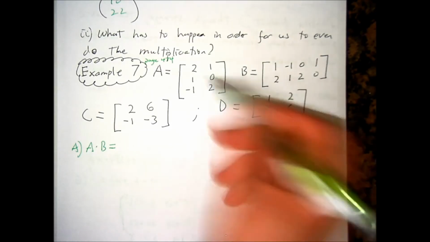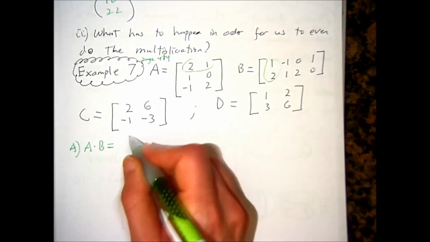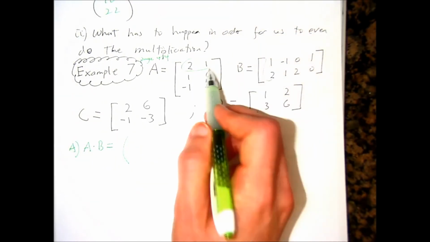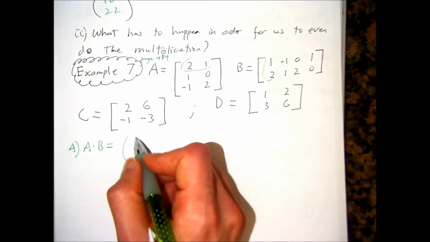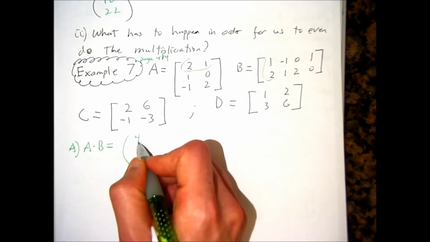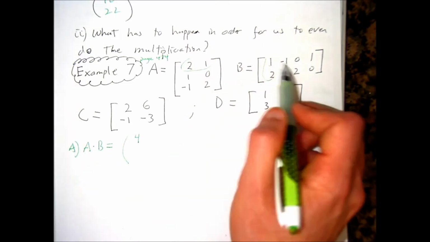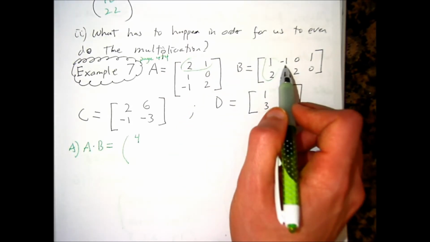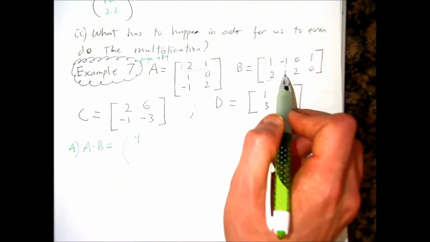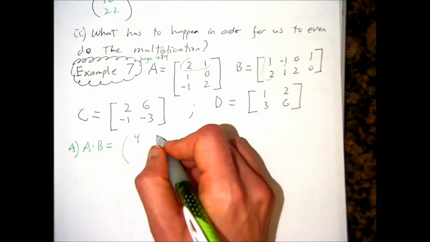All right. So this times this is going to give me 2 times 1 is 2, 1 times 2 is 2, so that gives me 4 when I add it up. And then this times this is going to give me 2 times negative 1 is negative 2, plus 1 times 1 is negative 1.